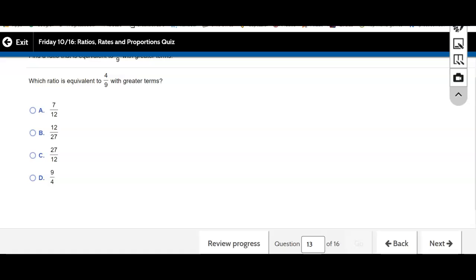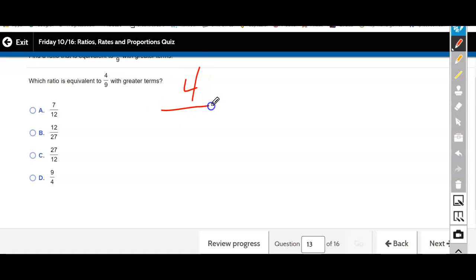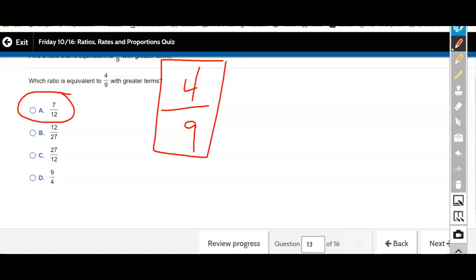4/9. If I punch that into my calculator using the fraction button, I go 4, AB over C, 9, equals. Is that simplified? Yes, it is. So 4/9 is simplified. I like that because now I can go over to my answers and use the fraction button, simplify them, and see which one matches up.